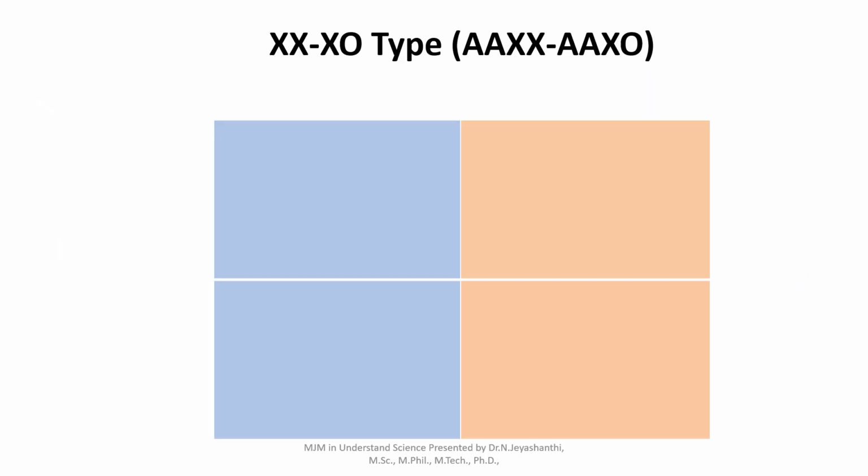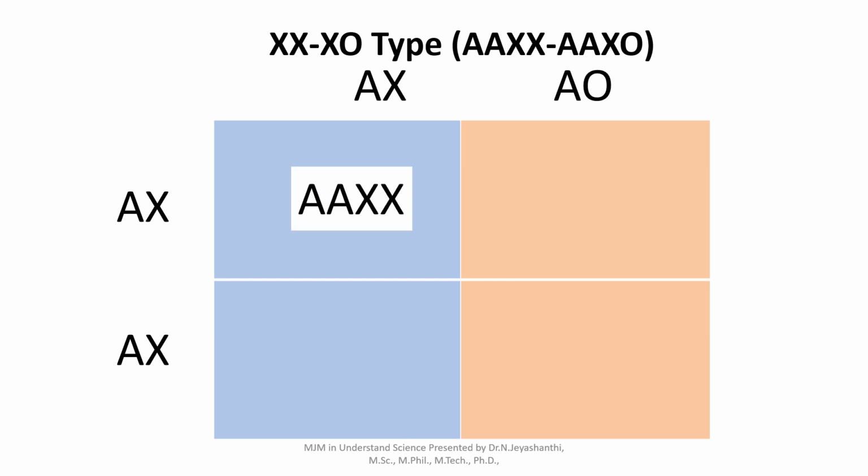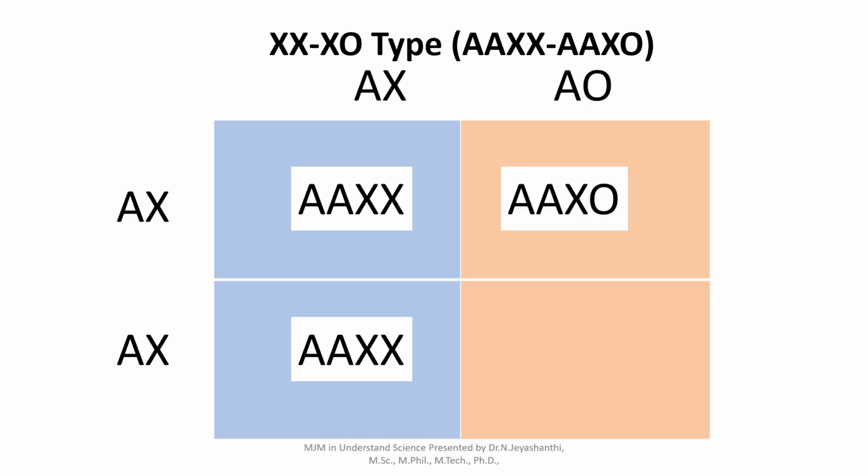XX-XO type of sex determination. In this, the female produces the same type of egg containing AX and AX. But the male produces two types of sperm, one containing AX, another containing AO. If these sperms and eggs are fused, we get female, female, male and male.